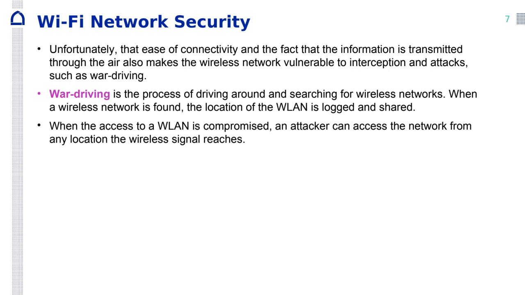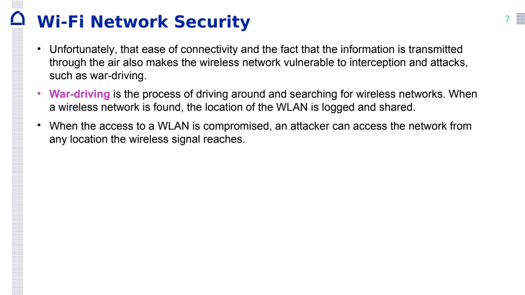So what is war driving? War driving, someone drive by in the neighborhood, try to find which access point is not secured, try to hack into it. We call this war driving. Sometimes even you see people just sitting behind a building or just sitting and using the internet.